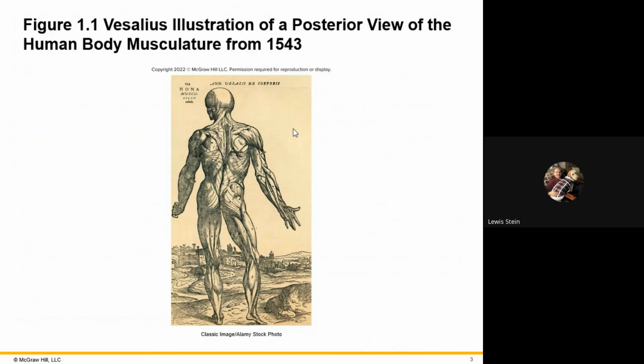This is a guy named Vesalius, back in the 1550s, middle of the 16th century. Those are the same structures you'll be learning about when you get to muscles in Dr. Robinson's lab: gluteus maximus, latissimus dorsi, trapezius here, deltoids here, triceps here. It didn't change. The human body hasn't changed.